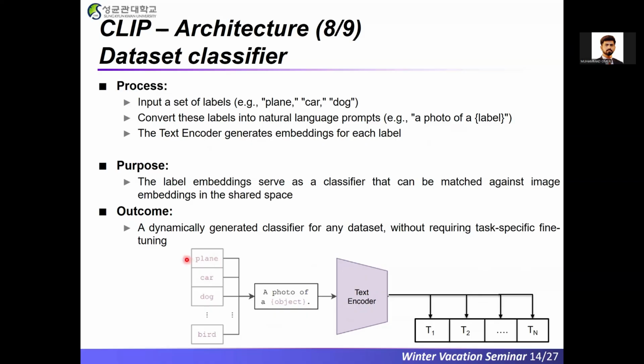For example, for each of these labels, plane, car, dog, bird, we will have text like a photo of a plane, a photo of a car, a photo of a dog. Each of these will be used to produce a classification result for our image encoder. We will see this in the next slide.